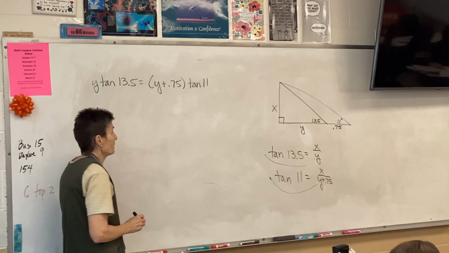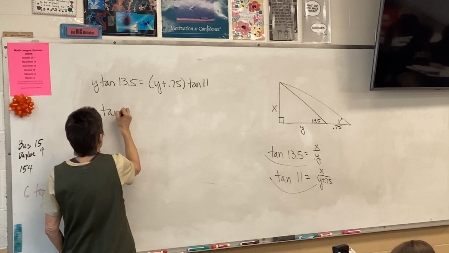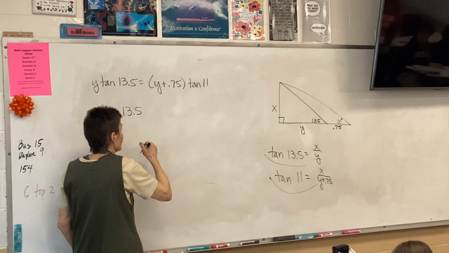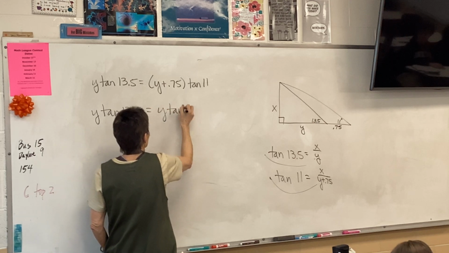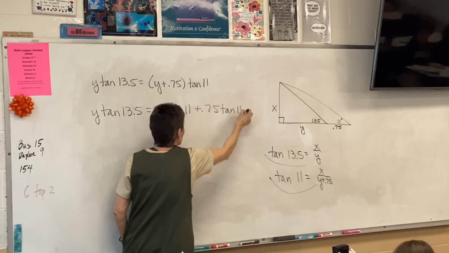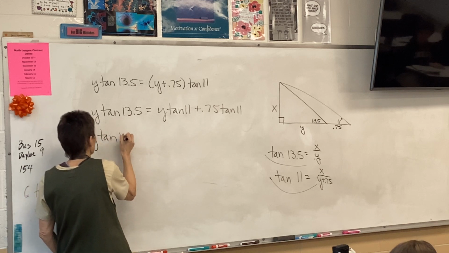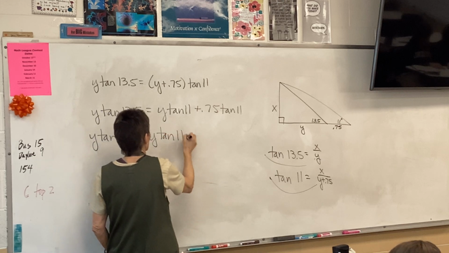All right, now what? Distribute, yeah, so y tan 11 plus 0.75 tan 11. Then what? I've got to get the y's on the same side. And then I will take out a y, that's exactly right.